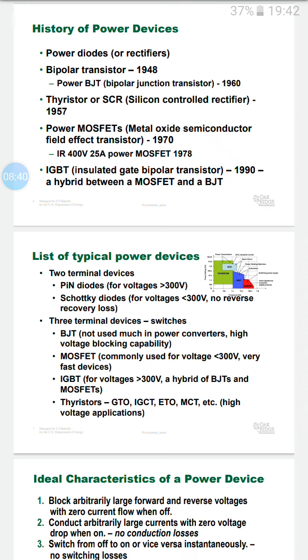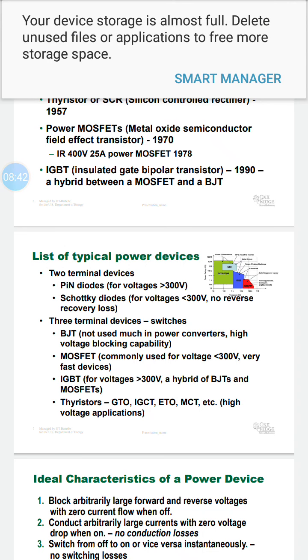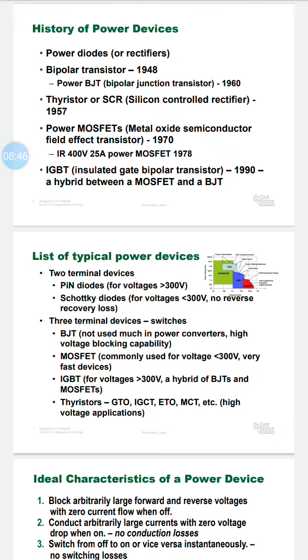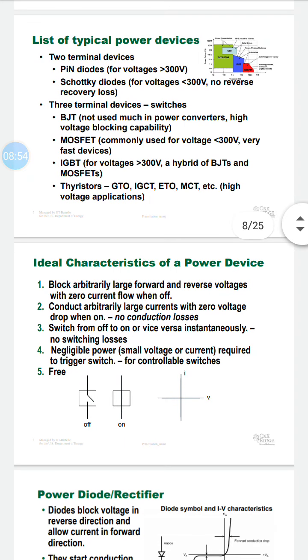So it is very important. Then three terminal devices, also used in IGBT, then thyristors. Now, ideal characteristics of power devices: block arbitrarily large forward and reverse voltage, conduct arbitrarily large current with zero voltage, and switch from off to on instantly.